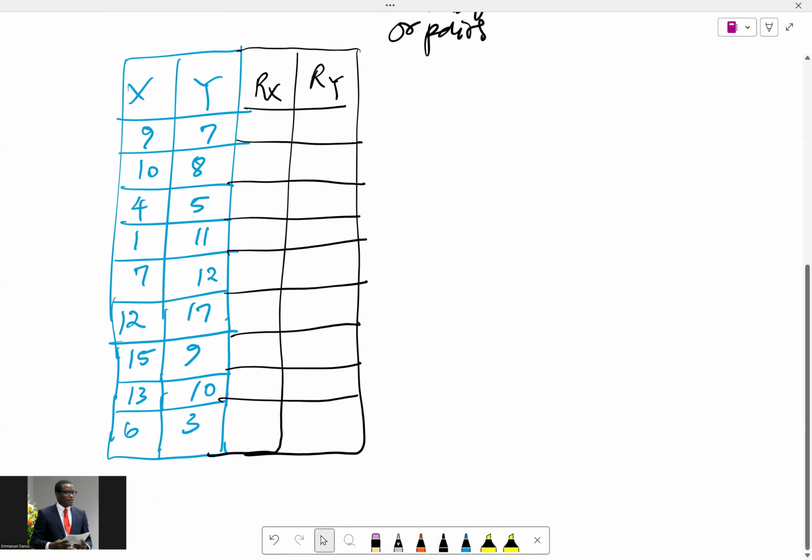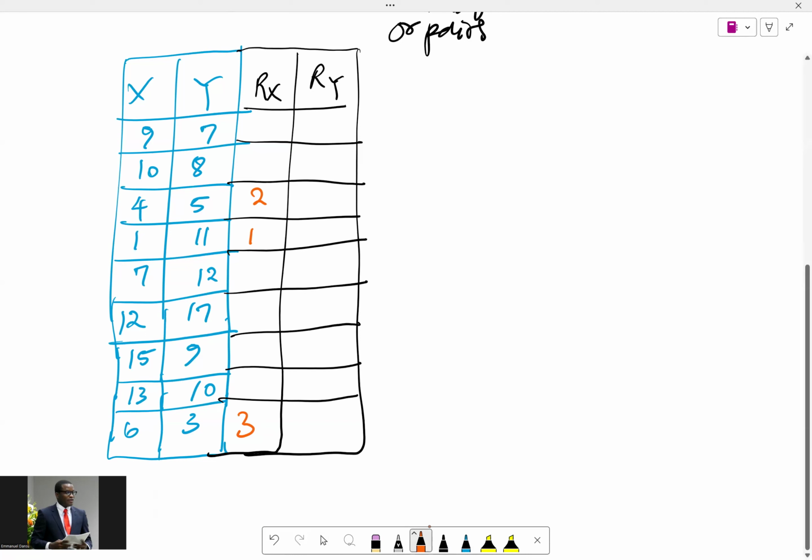For X, the smallest value is 1, so it comes first. Then the next one is 4, which will be number 2 in rank. After 4 is 6, which is number 3 in rank.